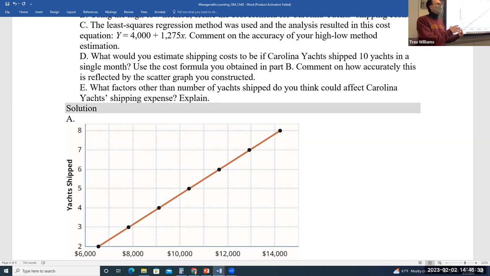So this is just looking at the past and using the past to predict the future. But if something out of the norm happens in the future, that could throw things off, right? That could make our estimates wrong. So what kind of things could happen that would increase shipping costs beyond the number of ships we ship? What else could impact shipping costs?